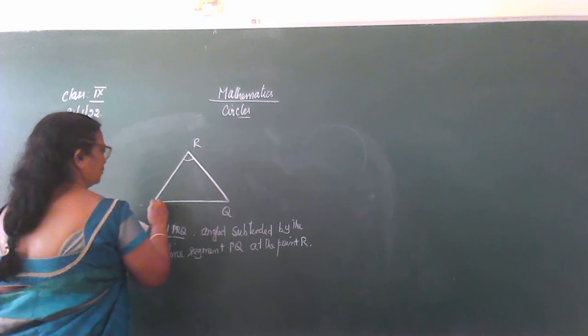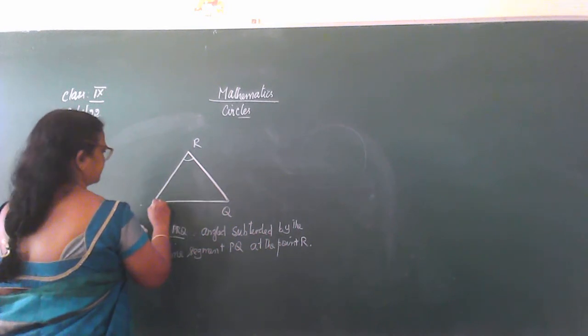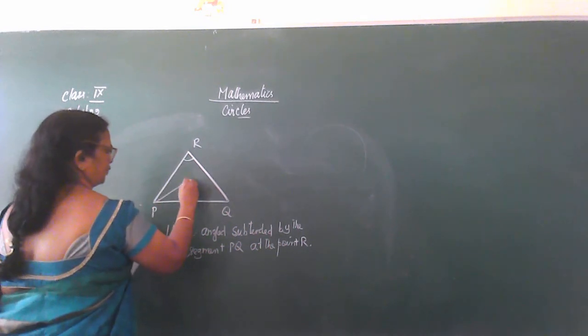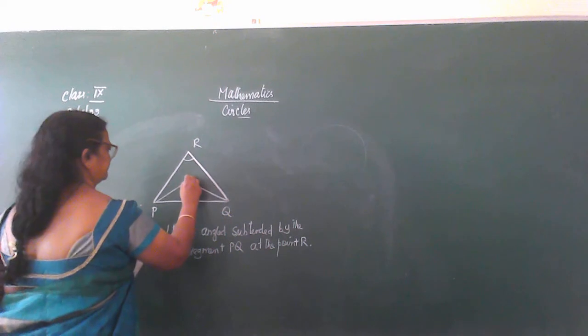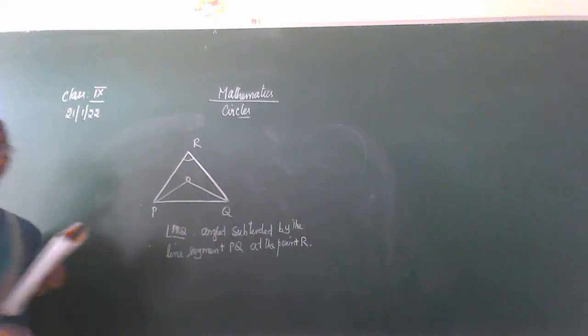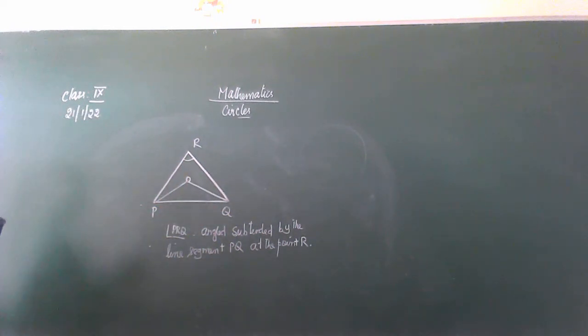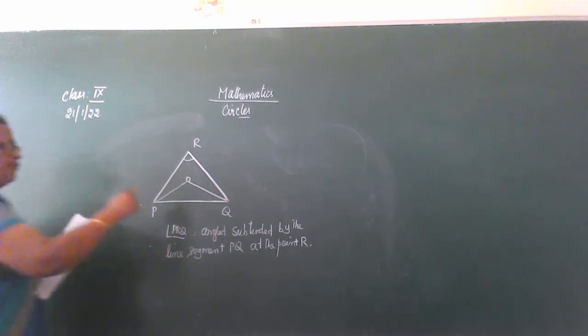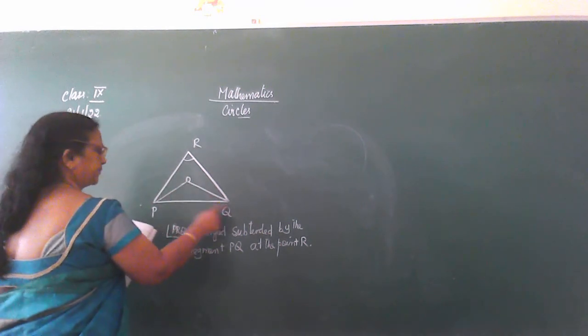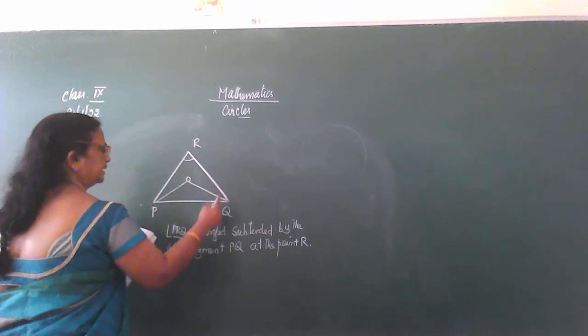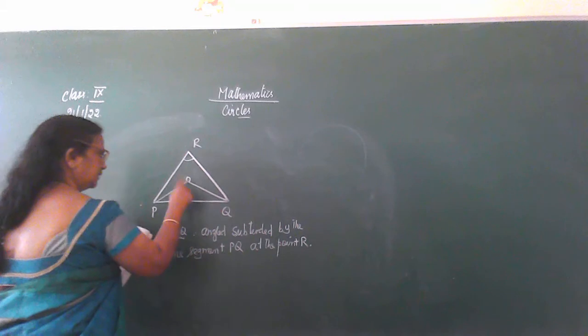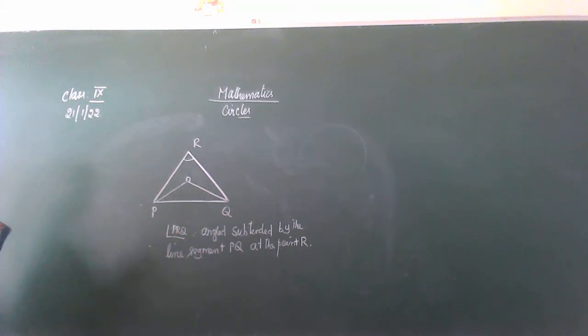So, if O is the center and I have joined POQ, again POQ is the angle subtended by the line segment PQ at the point O. Okay.